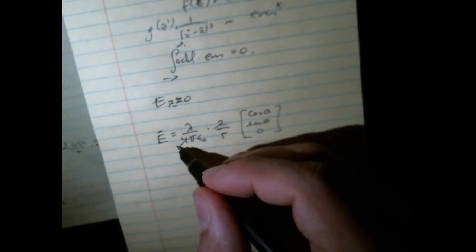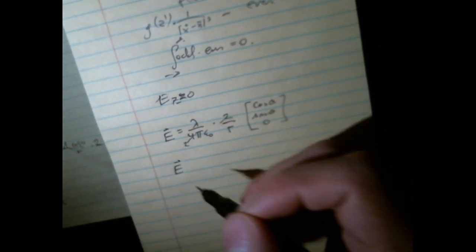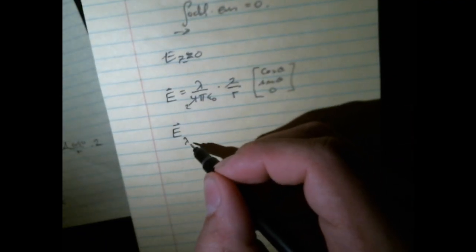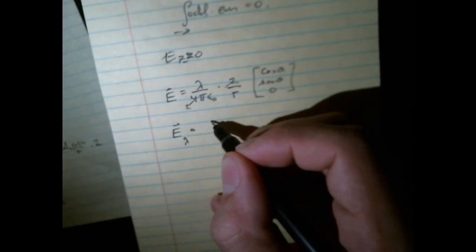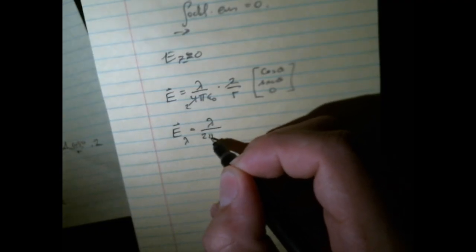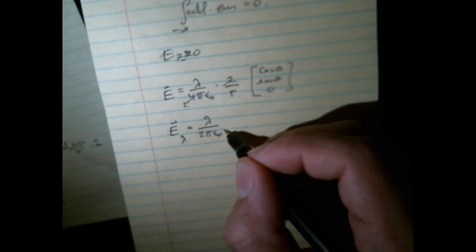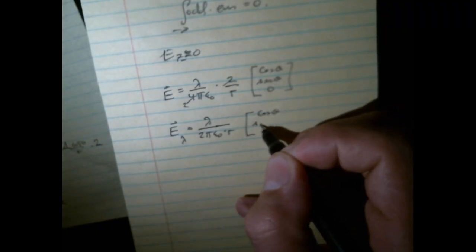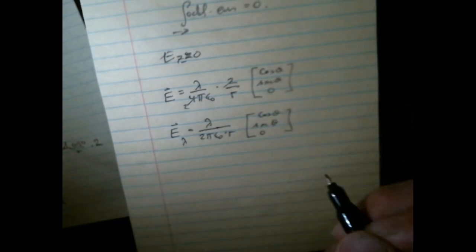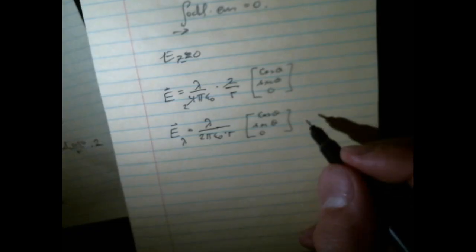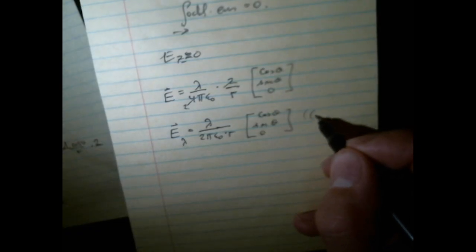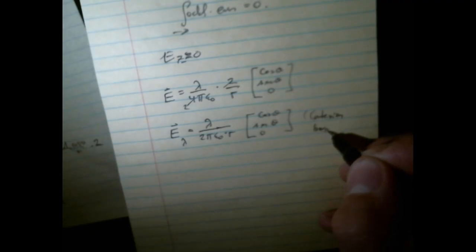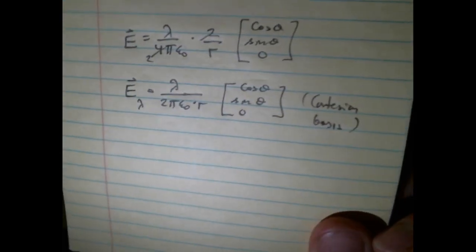So this will cancel the 2, and we're left with E, due to a line charge, just equal to lambda over 2 pi epsilon 0 r times cos theta, sine theta, 0, and this is in the Cartesian basis.